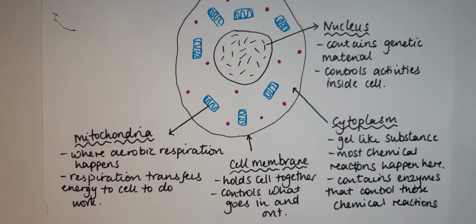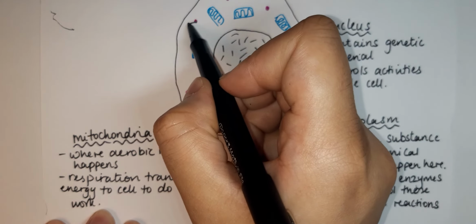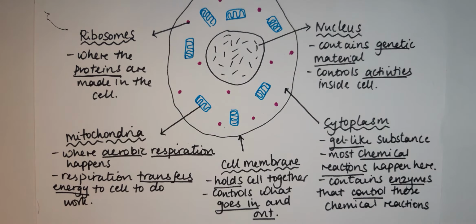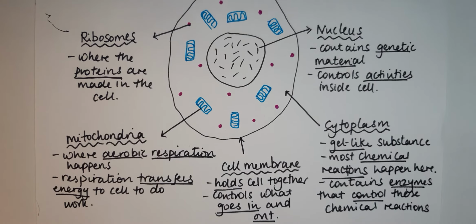And the last subcellular structure inside the animal cell is called a ribosome. These are where the proteins are made in the cell, and that's these pink dots here. So these are the subcellular structures that an animal cell is made up of: the nucleus, the cytoplasm, the cell membrane, the mitochondria, and ribosomes.